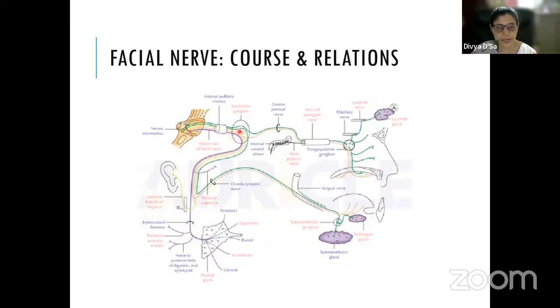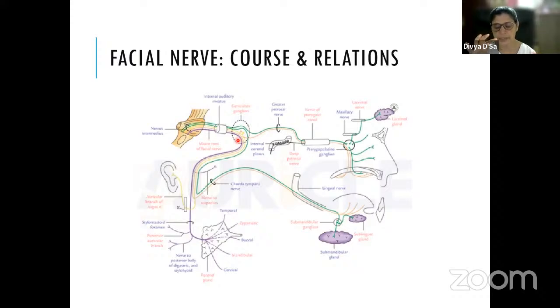So here, what happens is it will first run above the bony labyrinth of the internal ear, and then it will bend forward, forming the genu of the facial nerve. After that, it runs posteriorly in the medial wall of the middle ear.